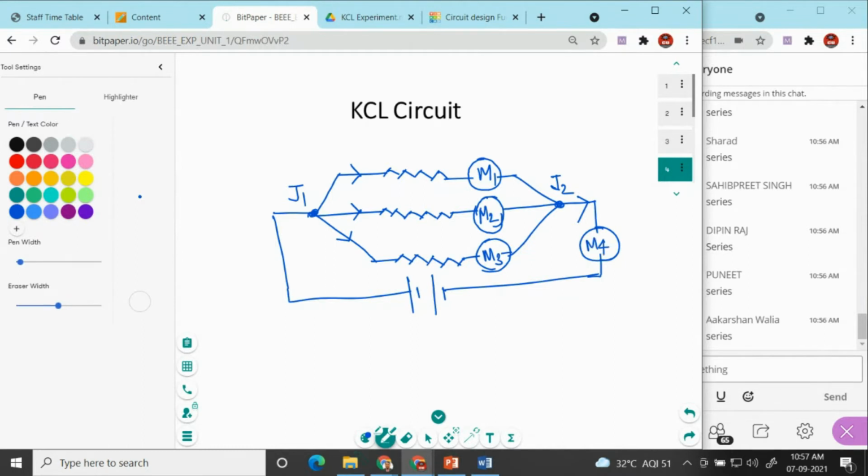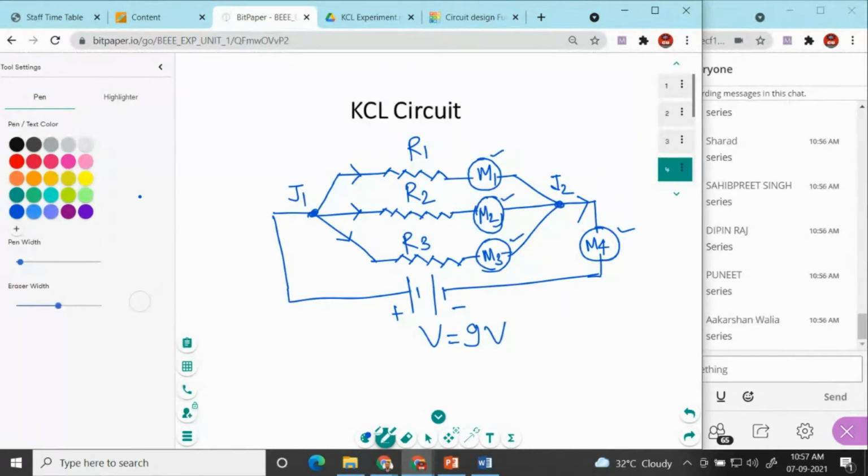So what is the requirement for the calculation of currents right here? We need three resistances R1, R2 and R3. We need some voltage source right here. Let's suppose that we are providing a voltage of 9 volt. Okay, we need 4 multimeters, multimeter 1, multimeter 2, 3 and 4.